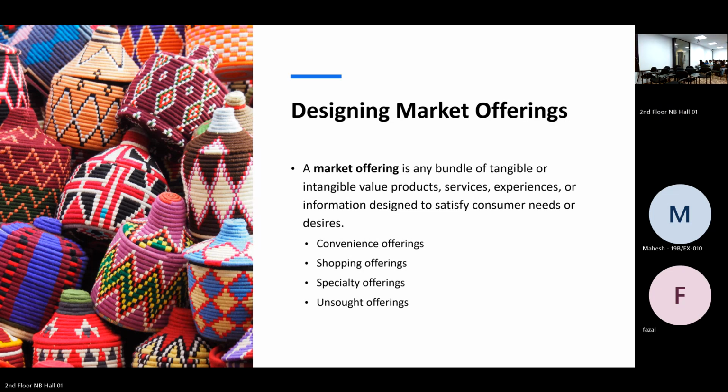So then unsought, the last one. Products which will not be actively sought by consumers until the need arises.